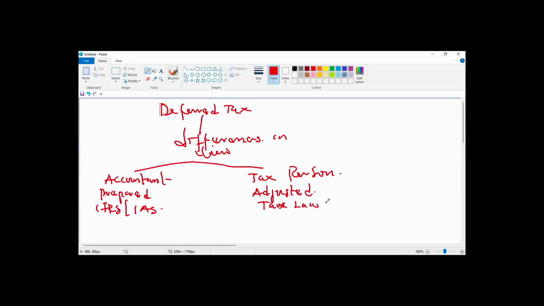Tax law, which one is superior? Tax law. That is it. Now, this one we say depreciation, while this person will say capital allowance.